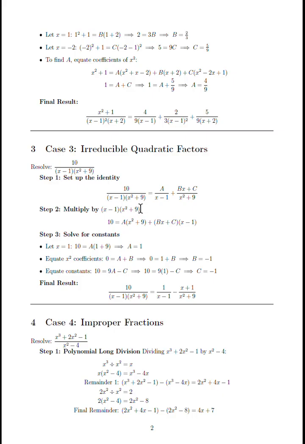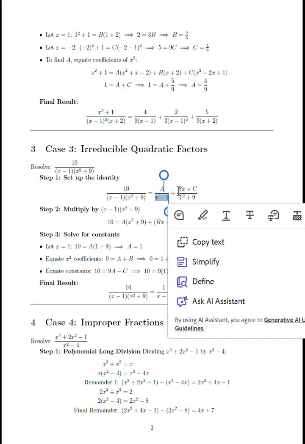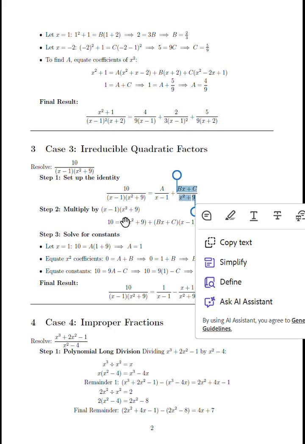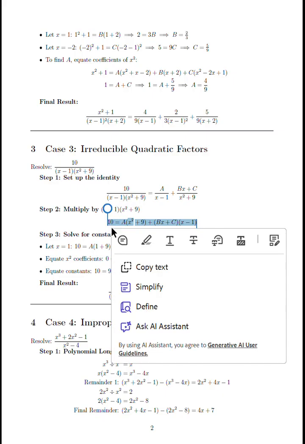The LCM will be this, which is the same denominator we're having on the left hand side. If you use that LCM to multiply each of these terms, we'll get a new numerator, and so our numerator on the left hand side, which is 10, will be equal to a new numerator, a into x squared plus 9, plus bx plus c into x minus 1, like we have here.